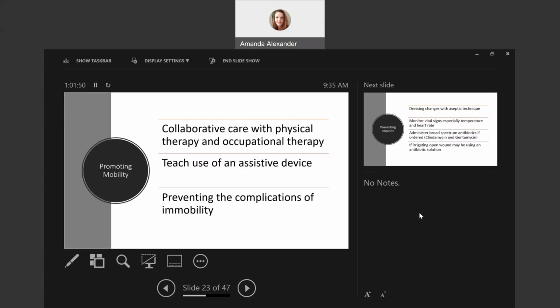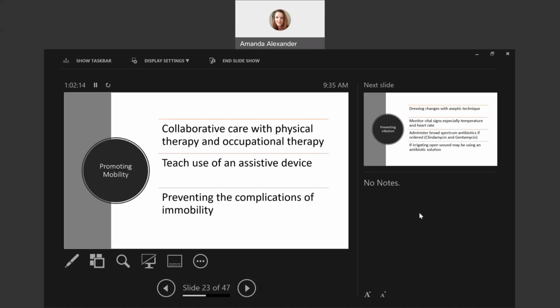As a nurse, we're going to try to promote mobility for our patients. So when we're talking about promoting mobility, there's a couple things that need to be considered. When we look at the system as a whole, we're thinking, okay, the effects of immobility on this patient, how are we going to prevent them?